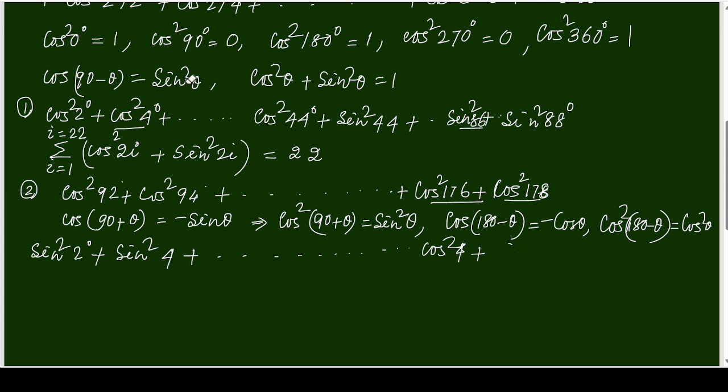So many mistakes, sorry. It will be cos square 2. So again I am getting a series summation of i equals 1 to i equals 22. Again it will be sin square 2i plus cos square 2i.